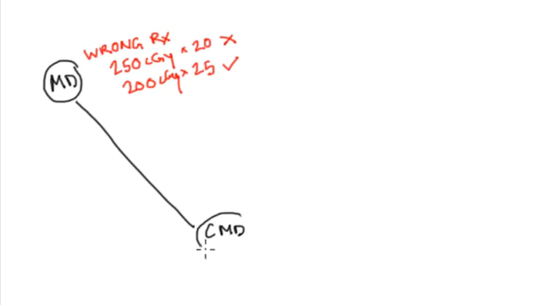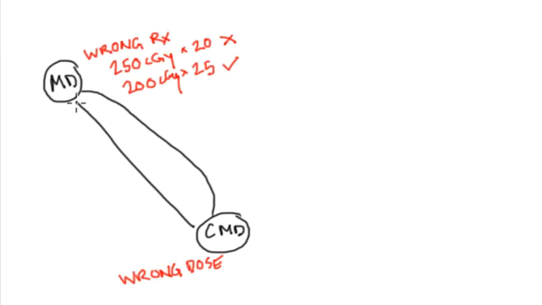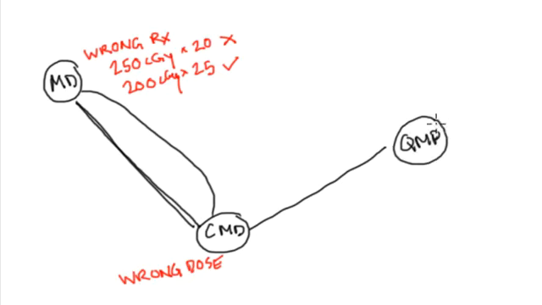So it goes to a CMD, the Certified Medical Dosimetrist, the planner. That planner is working off the wrong prescription, and so they make a wrong treatment plan, or a wrong dose. At that point, it goes back to the physician for review. It's not caught, and then the planner checks it off and sends it on to a qualified medical physicist for review.